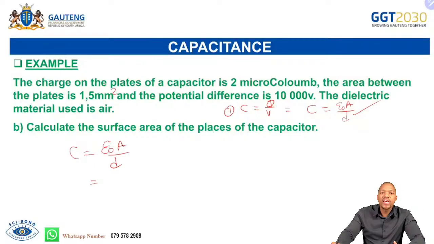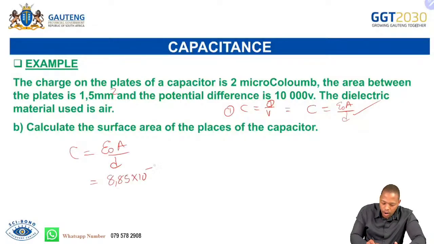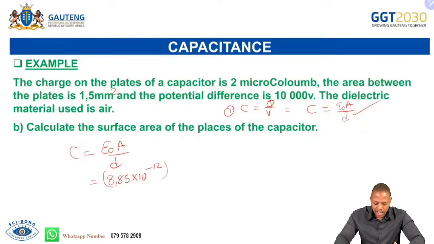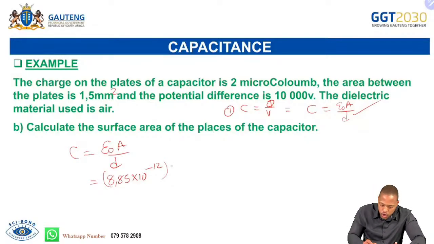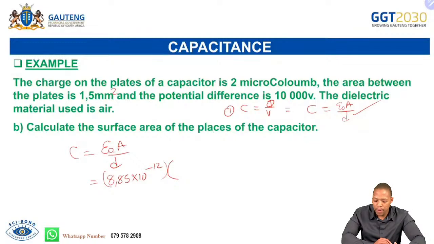So we will need the absolute permittivity there, which is 8.85 times 10 to the power minus 12. This is a constant value, grade 12. It will be given in your data sheet as you write the exam. Should be given.